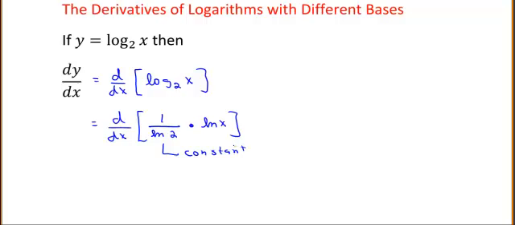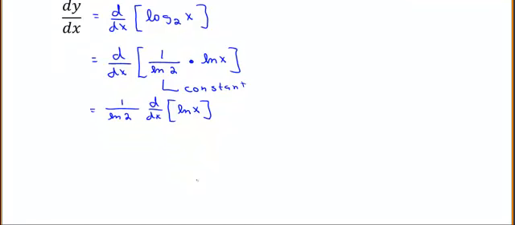Sort of like when I'm taking the derivative of 3x squared, I can think about the 3 outside of the derivative, just take the derivative of x squared, and multiply by the 3 when I get all done. So I can think of this as 1 over the natural log of 2 times the derivative with respect to x of the natural log of x. And I know how to take the derivative with respect to x of the natural log of x. That is 1 over x.